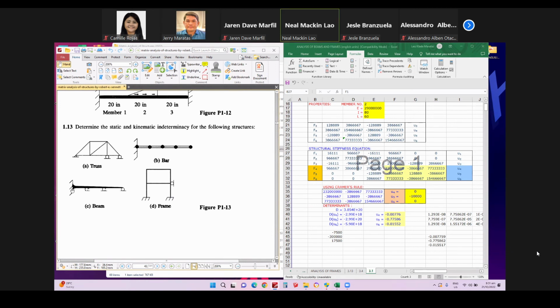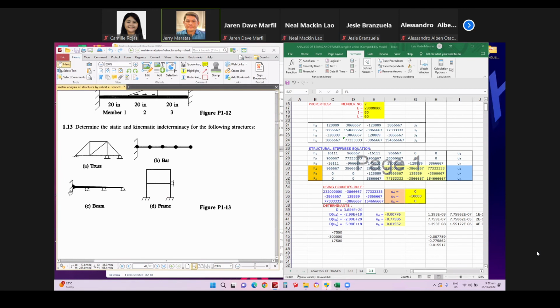1, 2, 7. These are all rollers, right? Yes sir. So that means the total for the beam is 8 degrees of freedom.